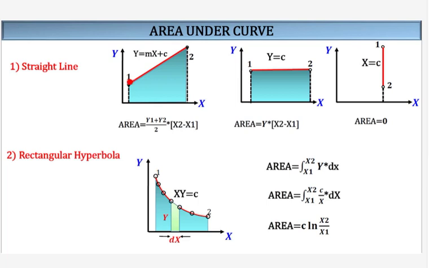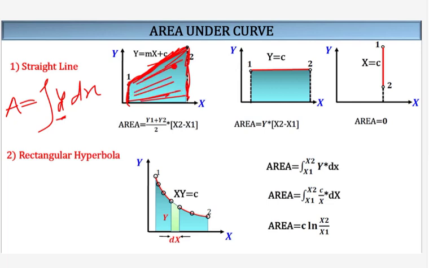In the graphical method, first we'll see what is area under curve. Let's say I'm having that same straight line like this. If I project it, area under curve will be what? Integration. Integration y dx represents area under curve. Now this y is the curve. And if I project it to the x-axis, then the area bounded by these things, this area, will be integration y dx.